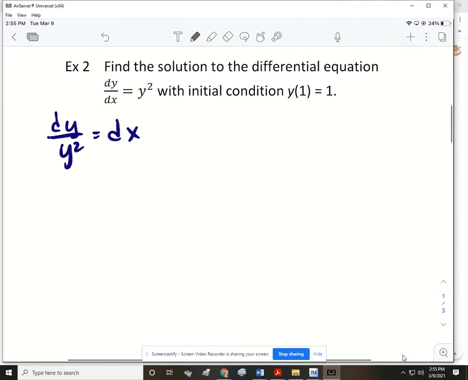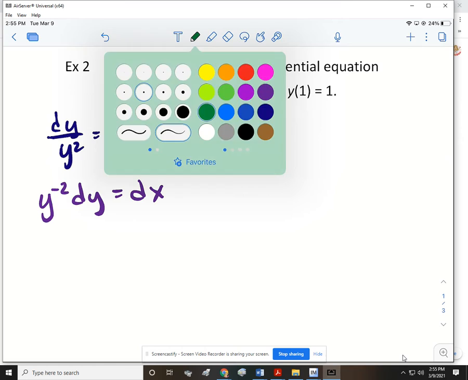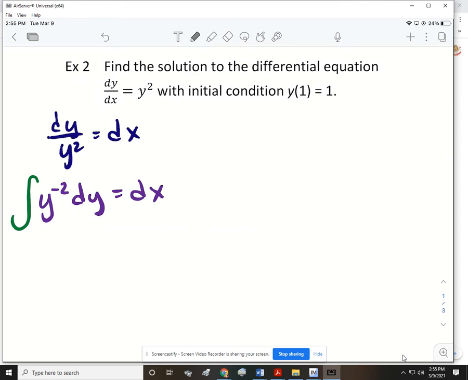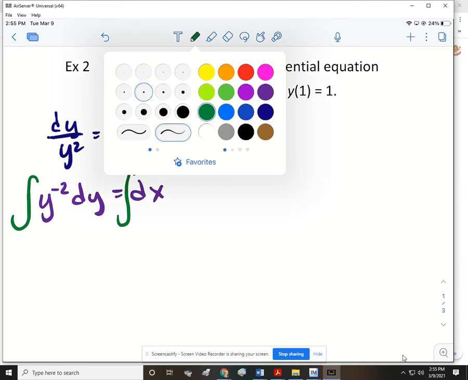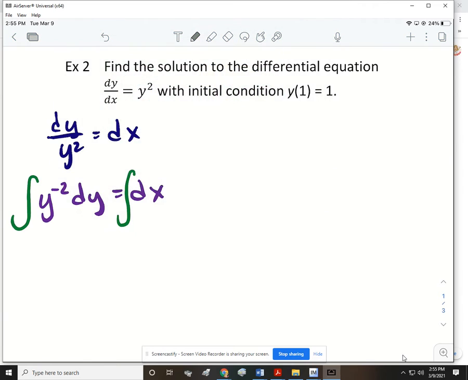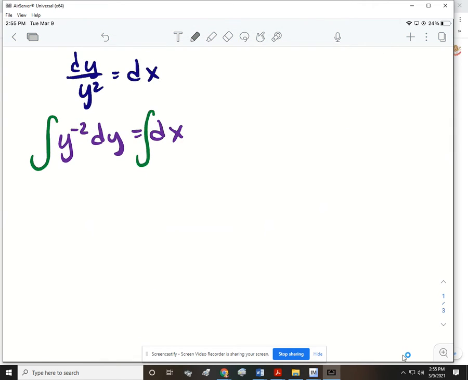Then I would rewrite dy over y squared as y to the negative 2 dy. And now I'm ready to integrate, where I will add 1 to the exponent and then divide by my new exponent.